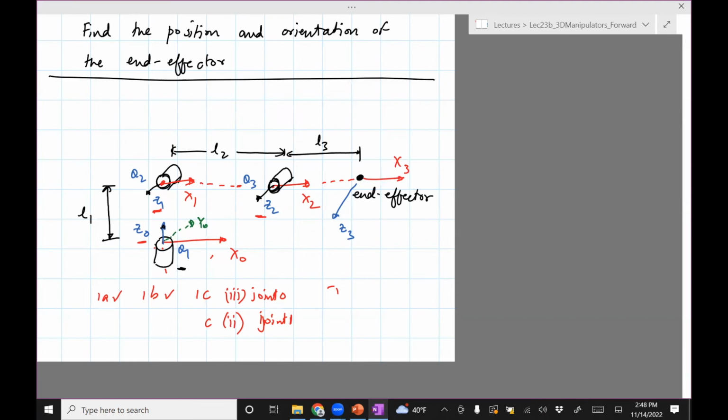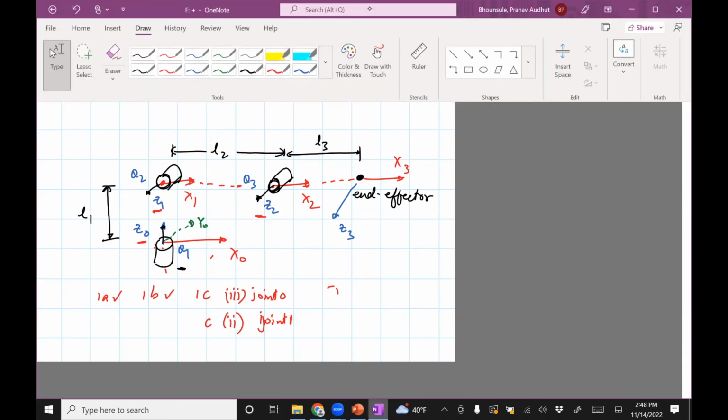Okay, so that completes the coordinate frames, and now we can move on and figure out the DH table. I'm going to copy this.